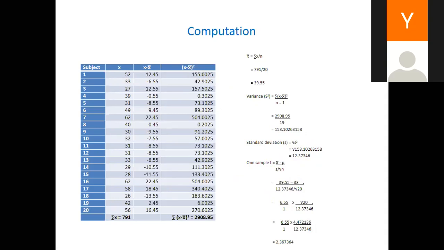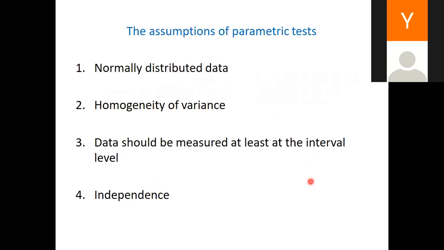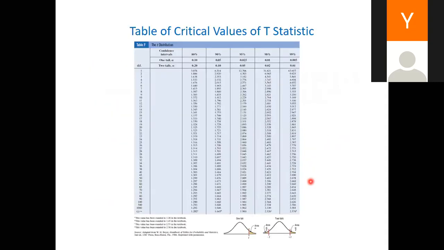If you go and look at the statistical table now, to really know if this T is significant, what is the degree of freedom? It's 19, which is 20 minus 1. So let's check the degree of freedom. This is the table.